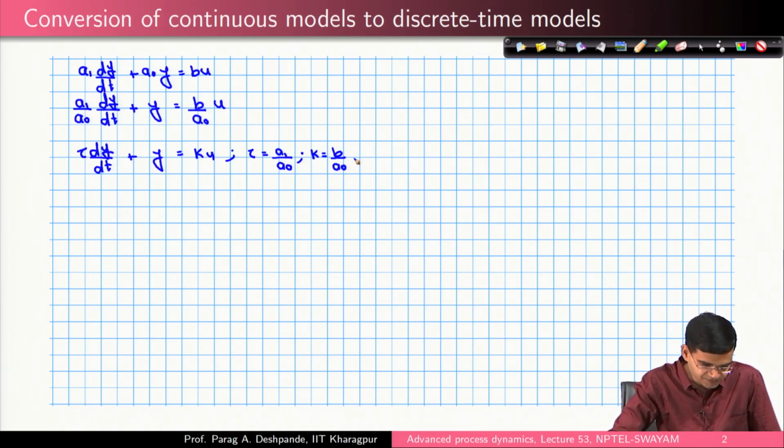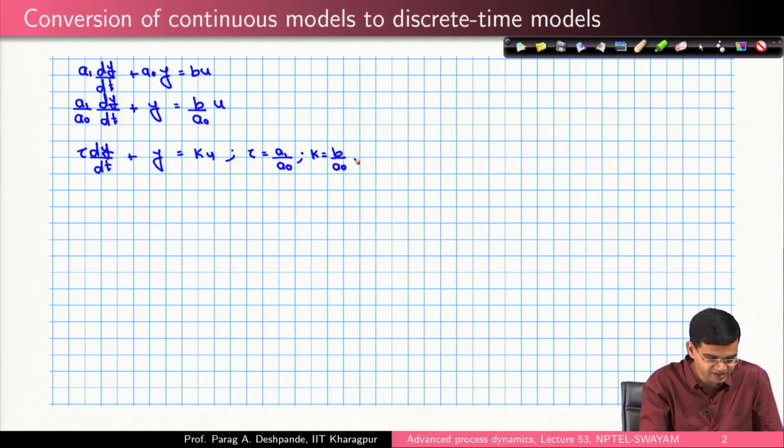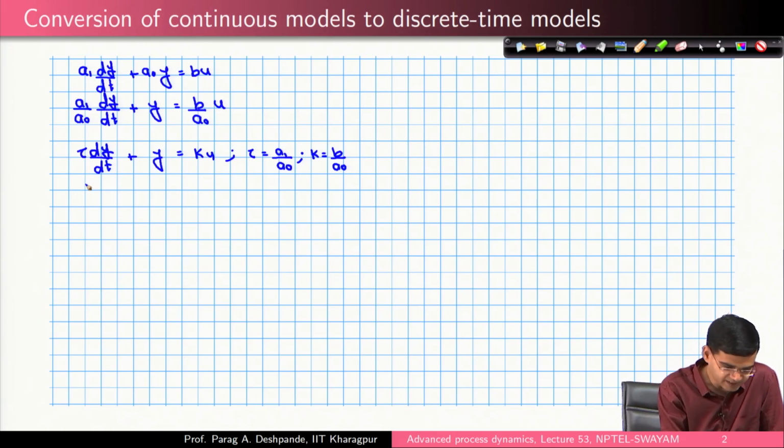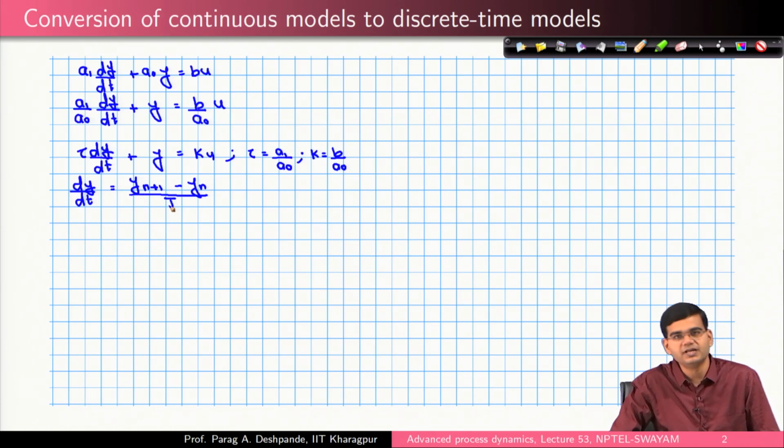So, now let us convert the equation tau dy by dt plus y is equal to K u to a discrete time equation, and we will use the definition of the derivative as follows. I will write dy by dt is equal to (y n plus 1 minus y n) upon capital T. Okay. So, why is this the definition?